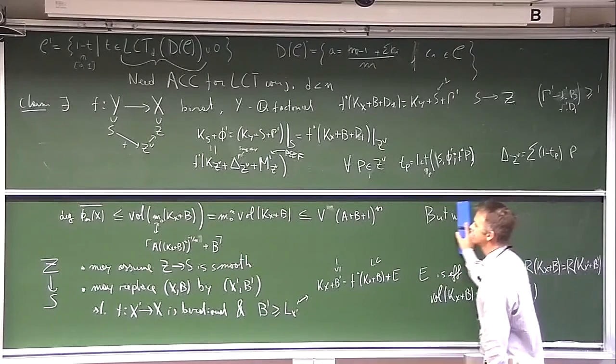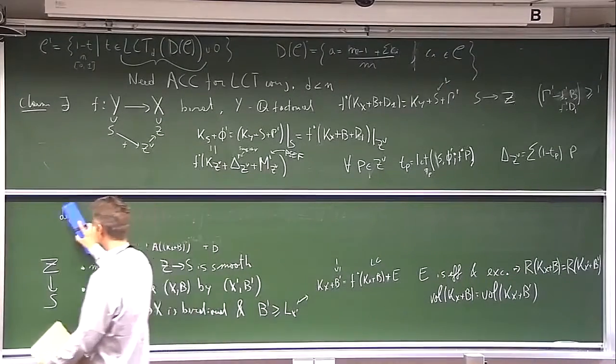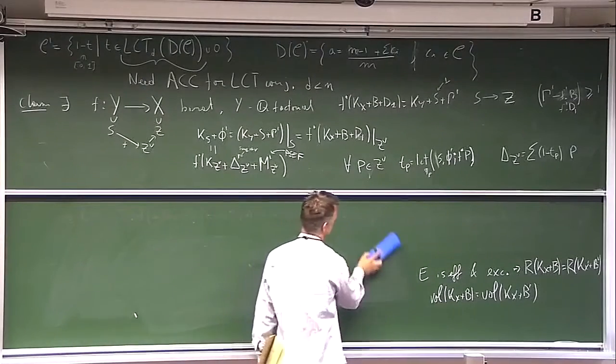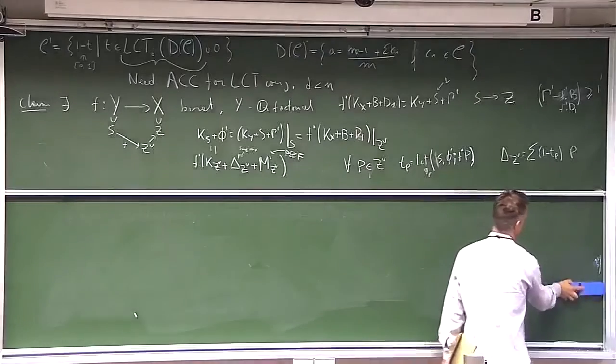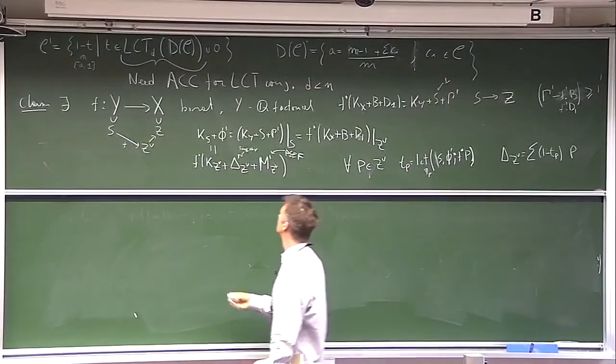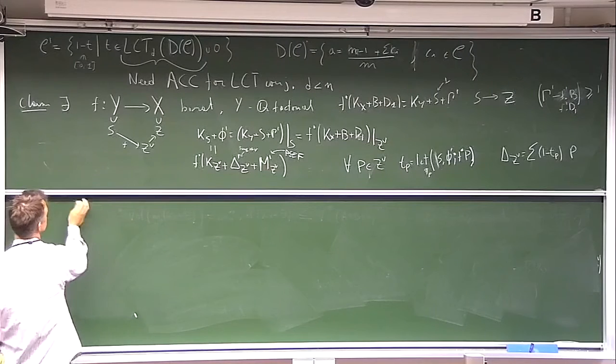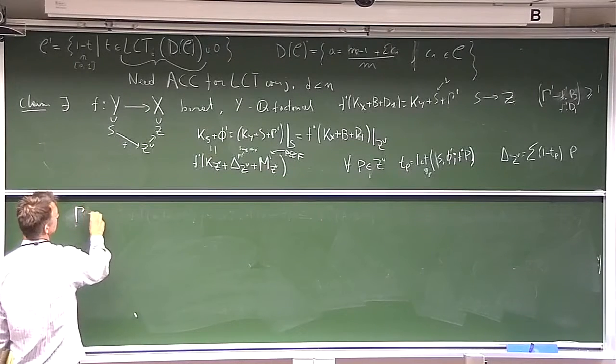So to define theta, we're going to pick a smaller divisor, gamma. Gamma will be what?